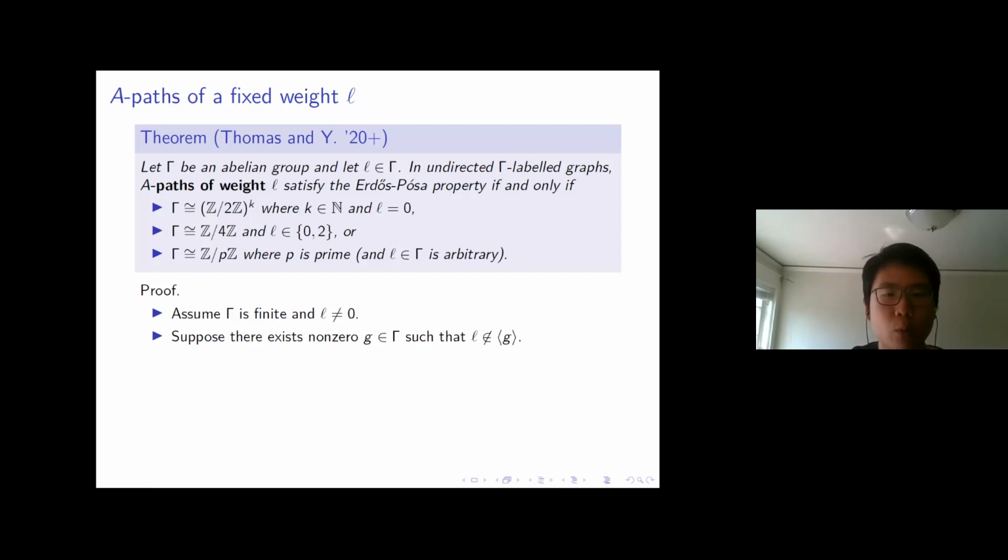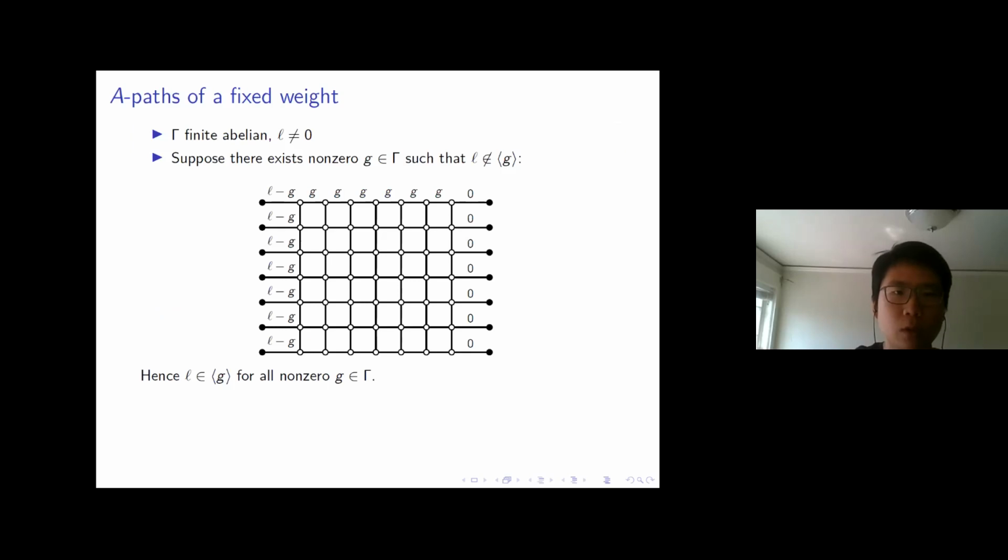So here we'll come up with some other construction. Suppose there exists some non-zero element G such that G does not generate our desired length L. That's enough to construct another counterexample.